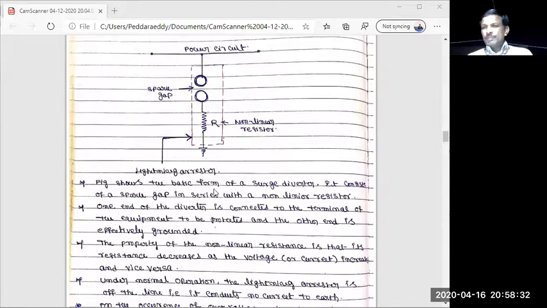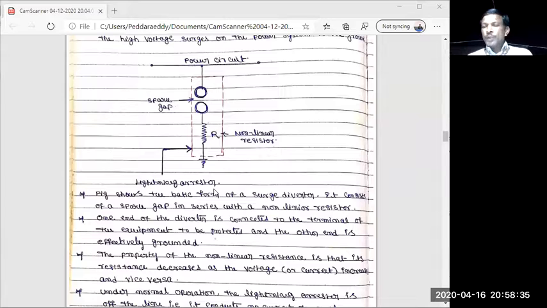Abnormal condition means faulty condition. Under faulty condition, the high voltage surge passes through the conductor, and when this high voltage surge enters expensive equipment like a transformer or generator, it hits the transformer's or generator's winding and damages the costly equipment.